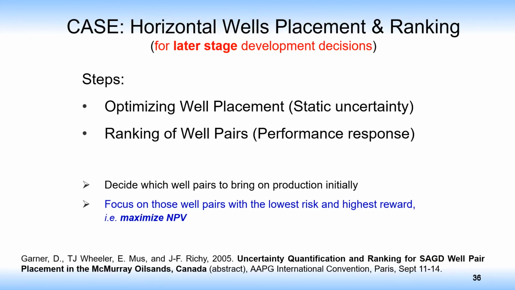So then using that idea as well, when we're in a later stage, we can optimize well placement and ranking of well pairs for planning our drilling program to develop and decide on which well pairs to drill first. We want to focus on the lowest risk, highest reward, because we want to maximize our net present value, maximize the upfront economics and return on investment.